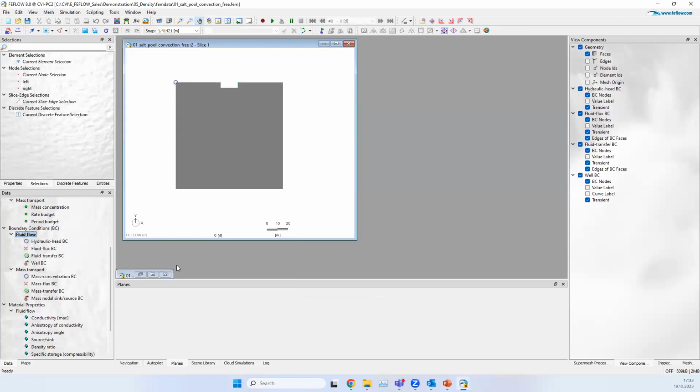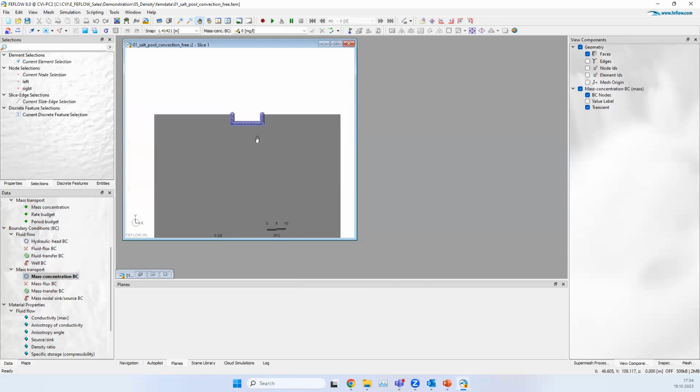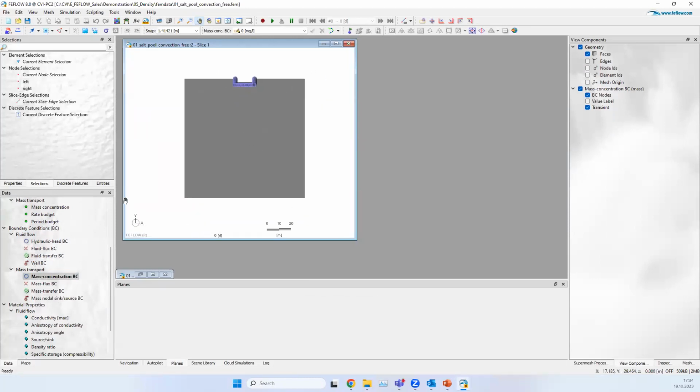So in this first example, there will be no flow, only density. Or we will run it without density and then with density, but no hydraulic gradient. So this is basically one single node having the same initial value and initial conditions. And in terms of the mass transport, I have here a salt pool with a fixed concentration all the time.